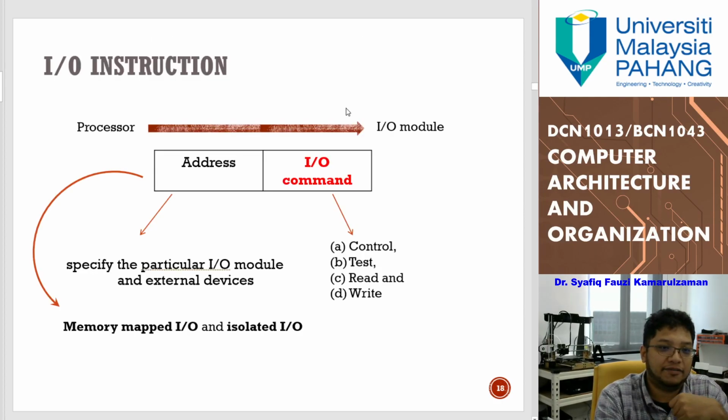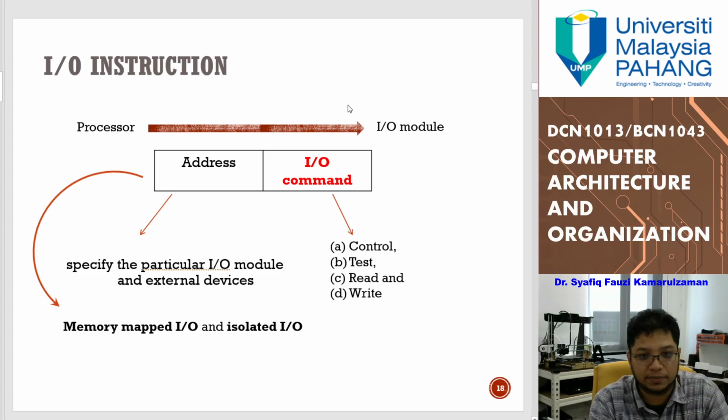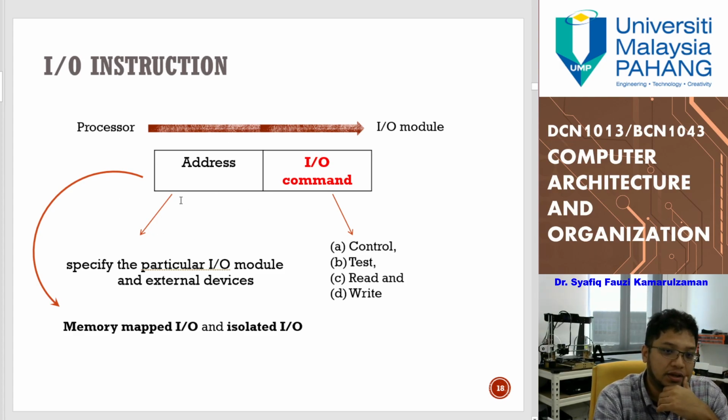And then we have the instruction. When the processor issues something to the I/O module, it issues according to two parts of syntax: the address and the I/O command. The address means the particular device that is connected to the PC, the location of the device basically.